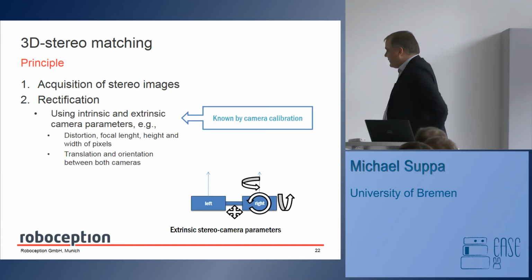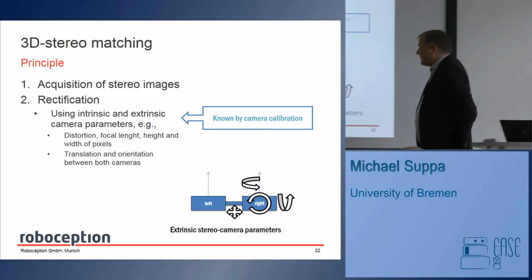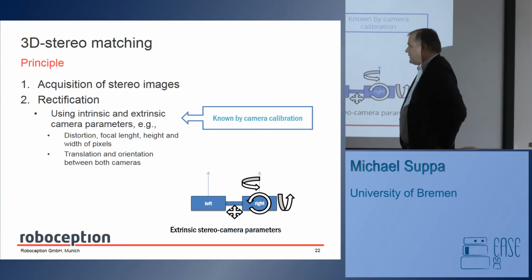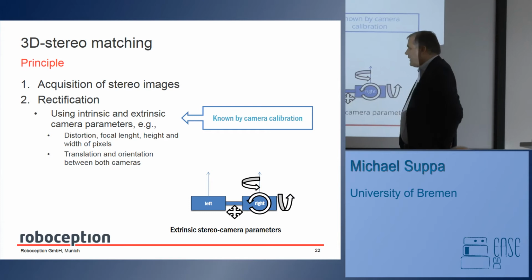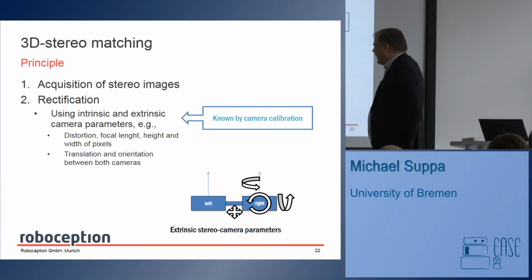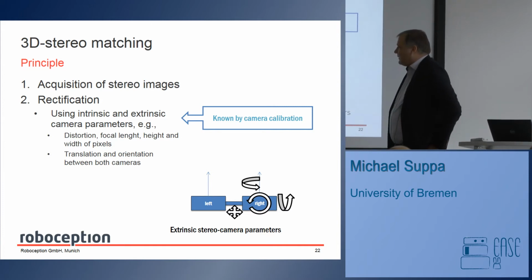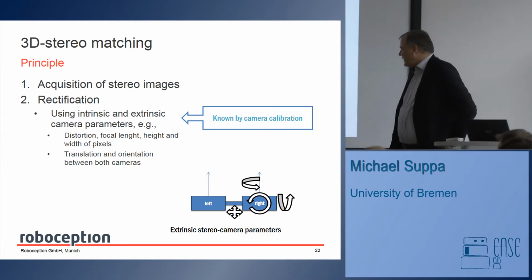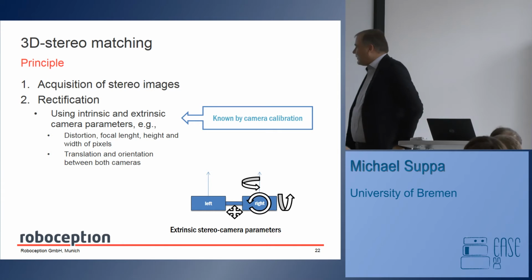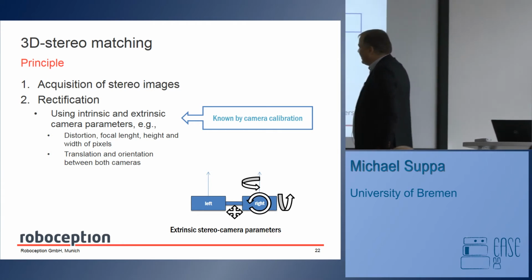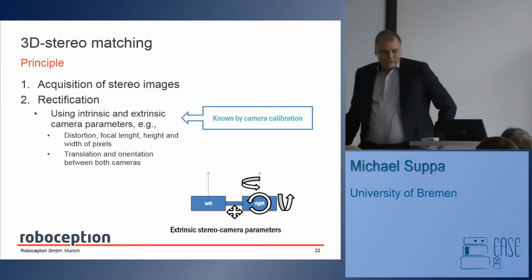You have to calibrate the system, so you have intrinsic and extrinsic camera parameters. The intrinsic ones are distortion, focal length, and height and width of pixels, and this is what you can calibrate easily. On the other hand you have the extrinsic stereo camera parameters, where you basically have the distance between the two cameras.